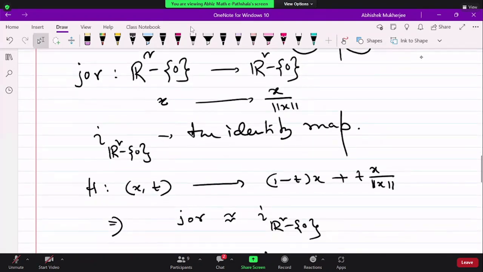One is the identity map, which plays an important role in this situation.